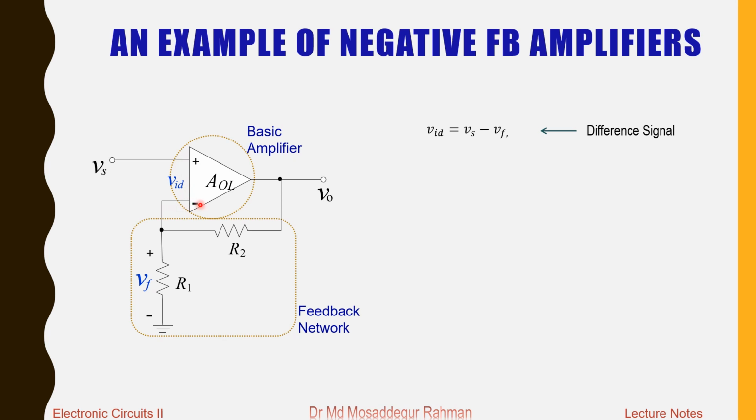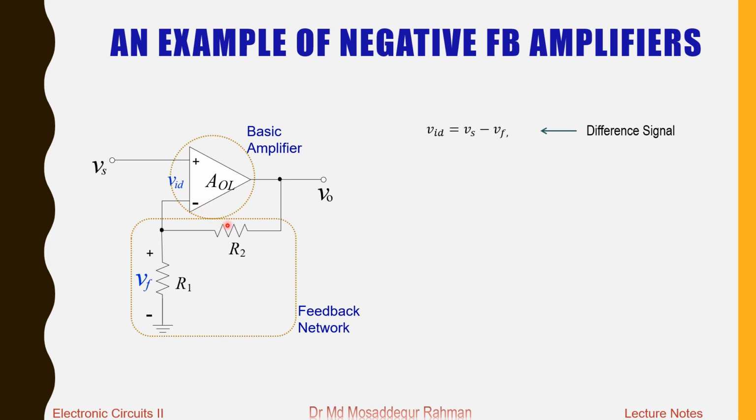That is an important part of any negative feedback amplifier, and the op-amp comes with that technology built inside. It automatically subtracts the two voltages, the signal voltage and the feedback voltage, and produces the difference signal, which is then amplified. So it is easy to construct a negative feedback amplifier using op-amps.